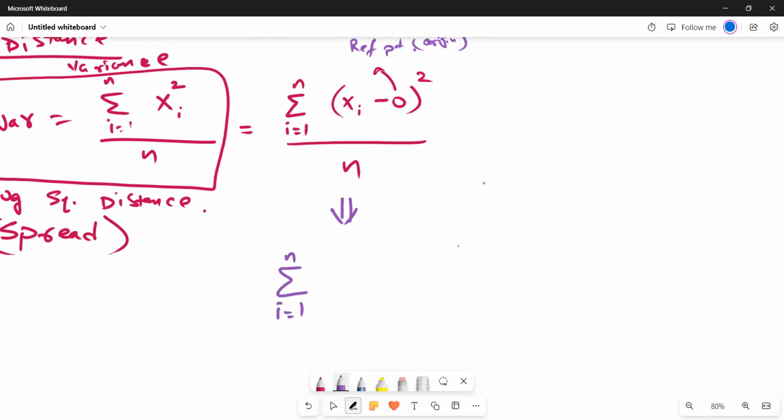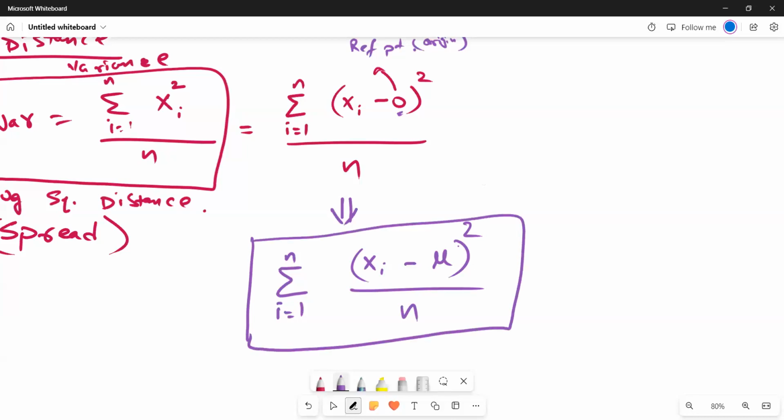Now the second thing is xi will remain as it is. We are only going to change the reference point. Followed by, we'll subtract it with mu, take the square and divide it by the total number of elements. So this is how your formula of mean is going to change.